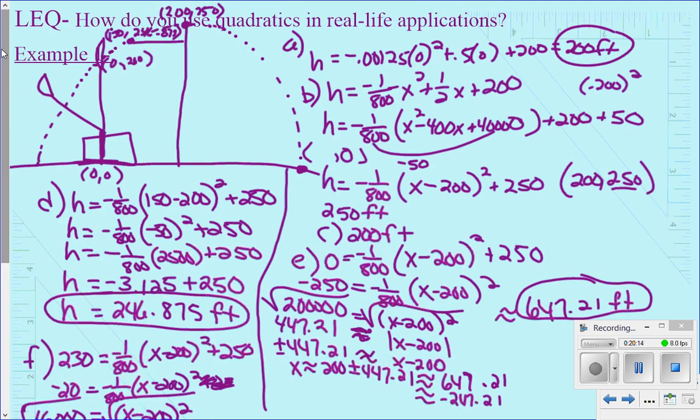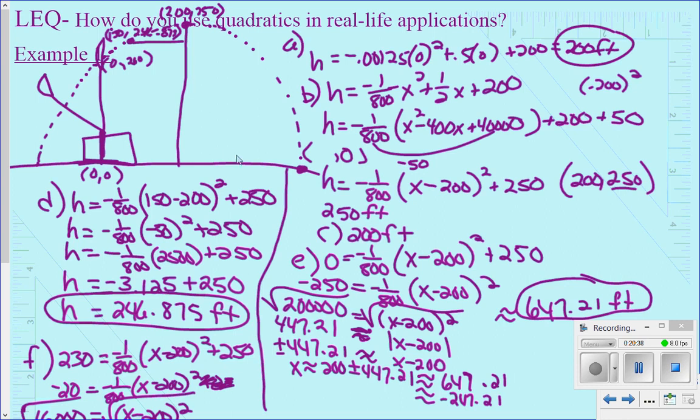So what I'm looking at here is I have this 230-foot wall, which is going to be just a little bit to the left of the highest wall, right? So the question is, what's the farthest distance if the wall is 230 feet high? So the farthest distance would be the one that's the bigger number, right?